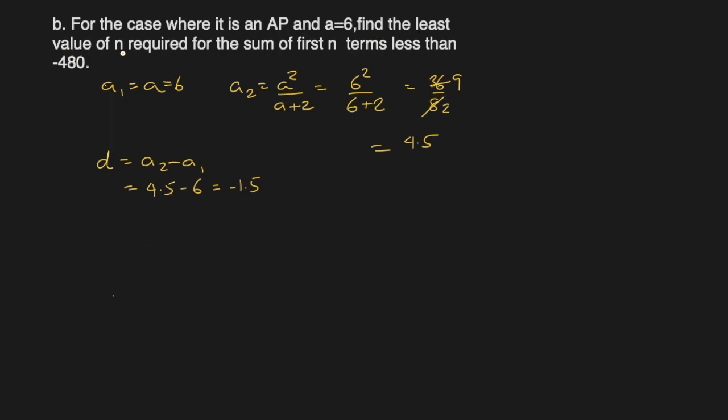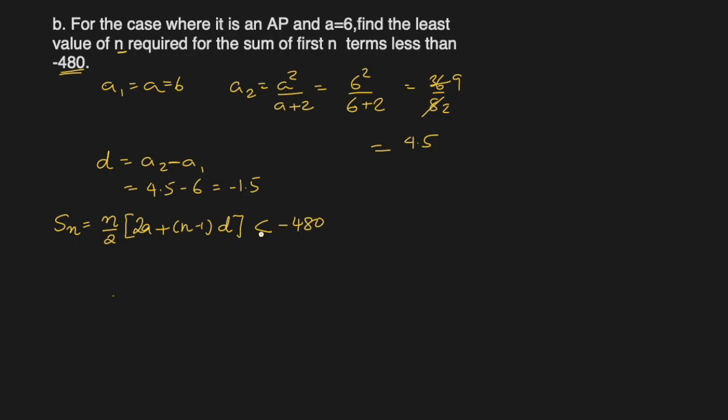Find the least value of n required for the sum of the first n terms less than minus 480. Okay, sum of the first n terms, Sn, is given in your formula sheet also. This is the formula. This has to be less than negative 480.